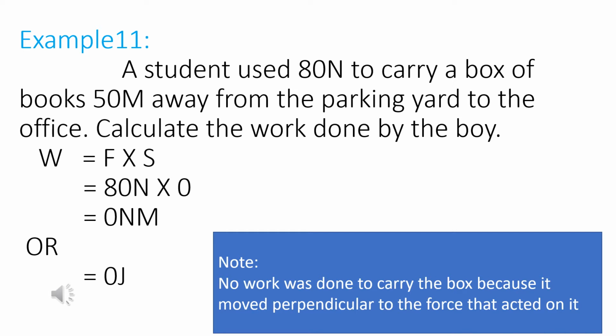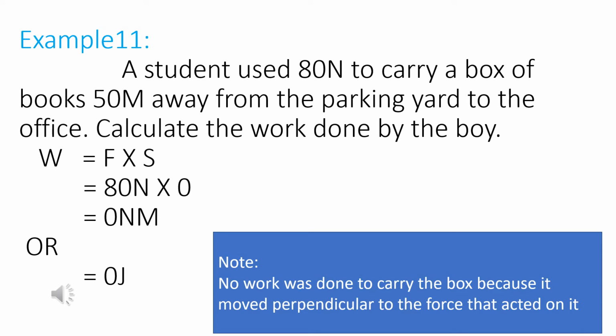Now, in this case, we have the 50 meters. But when this boy was carrying the box, he lifted the box perpendicular to him. So the force acted perpendicularly, and in this case the displacement in the direction of the force becomes 0. So we have the 80 newtons multiplied by 0.